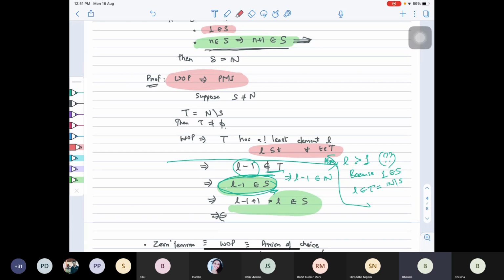Yes, Harsh. Then can we show that the axiom of choice is equivalent to PMI? They are both equivalent, we very well know, but actually I have not read any proof, to be honest. I didn't feel the need, but if you are interested, you can go and read some proof. Definitely they are equivalent, but I don't know the proof.